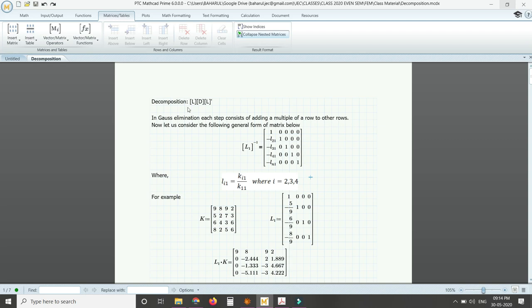The first thing we need to know is that this is not different from Gauss elimination. It is just that the approach is different. That means we are doing everything in matrix form.